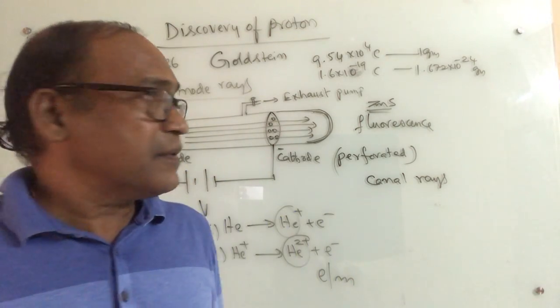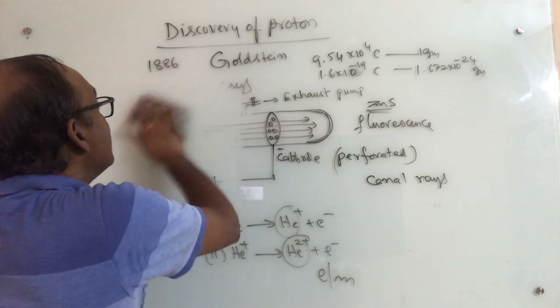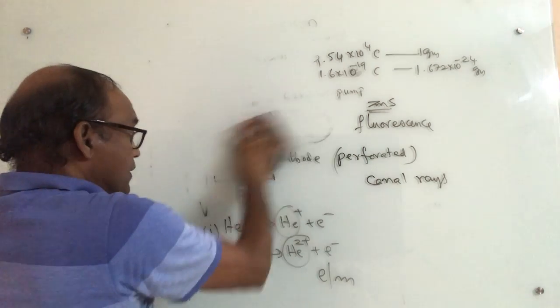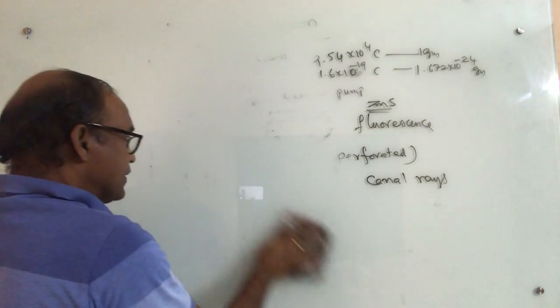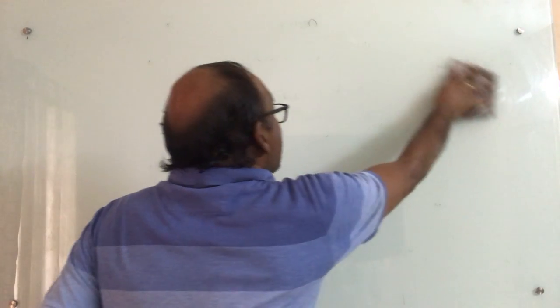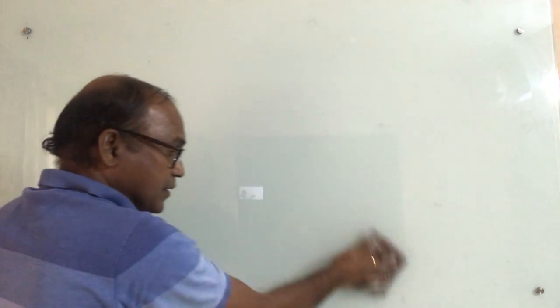So protons were discovered by this method, and so far electron and proton are both parts of the atom. Taking hydrogen gas as the simplest case, it contains one electron and one proton, and the number of protons present in the atom differs from gas to gas.